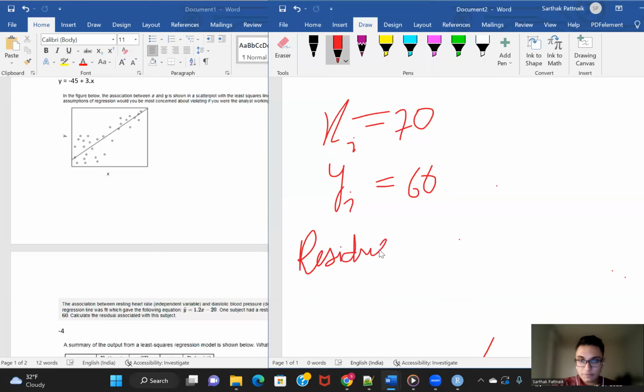So from a mathematical perspective, residual is equal to yi minus yi cap.